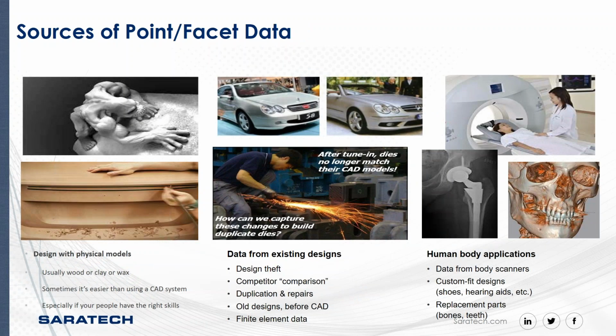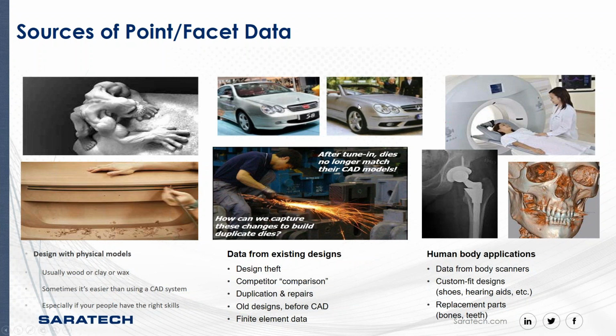So what are some sources of point or facet data? You can see on your left right here, this figurine is probably for a video game, which is made out of wax. Or you have clay modeling, so design with physical models, usually wood or clay or wax. Sometimes this can be easier than CAD systems if you have the right personnel to do them. Data from existing designs includes design theft.